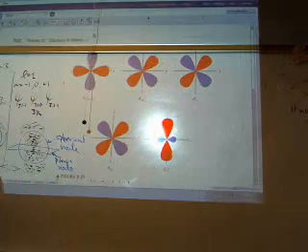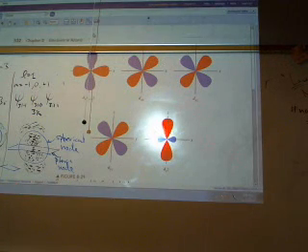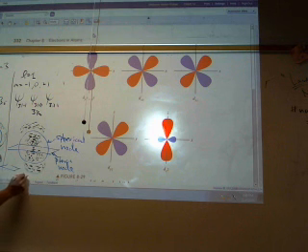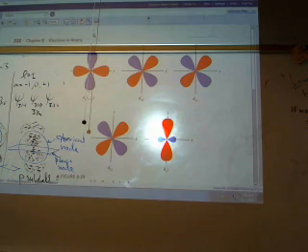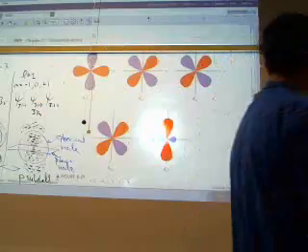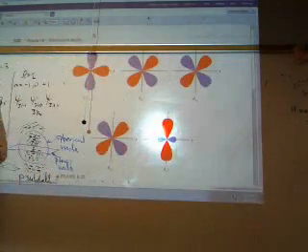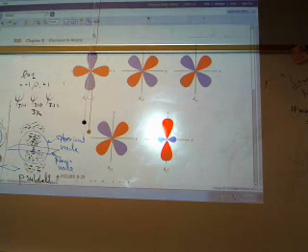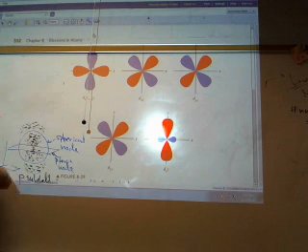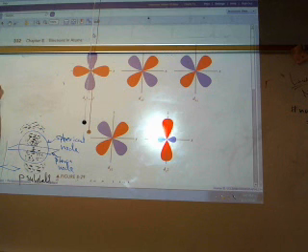All right, so we call this the S sublevel, or subshell. This is called the P subshell. And then we have one more to this. And so let me erase this here. When n equals 3, we can also have the L equals 2 value.